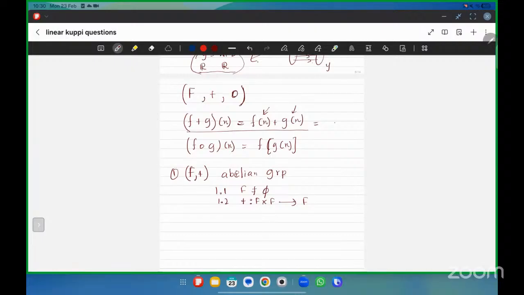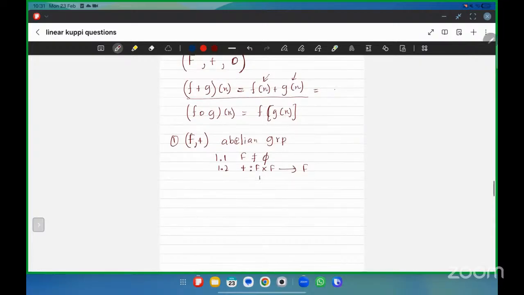So for all x, we get the output is also a real valued bijective function. So for all x, f plus g x is equal to fx plus gx.